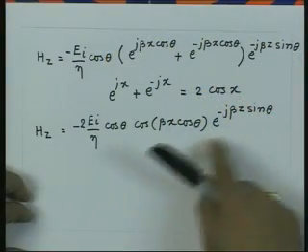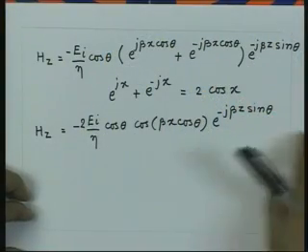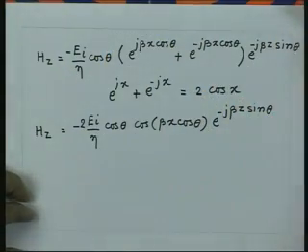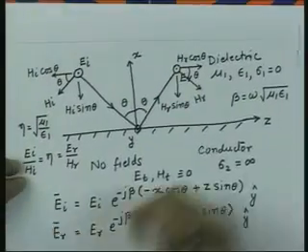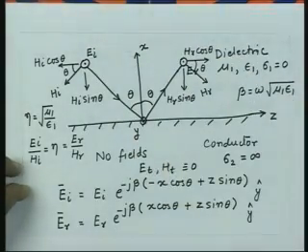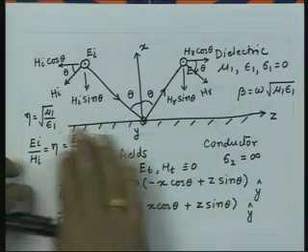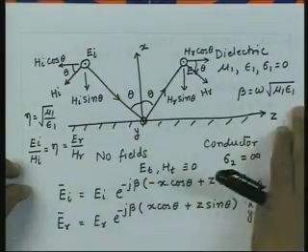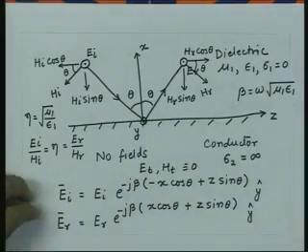So in general, the fields in medium 1 are a combination of a travelling wave and a standing wave, and all of these fields have a wave travelling in the positive z direction. That means it is travelling along the interface. So we have a standing wave in a direction perpendicular to the interface, but all these fields have a travelling wave along the interface, in the z direction.